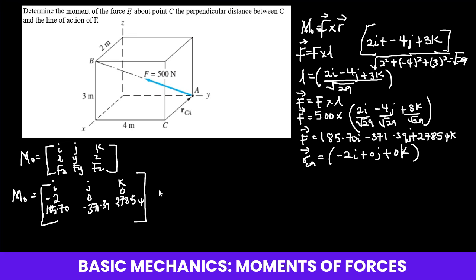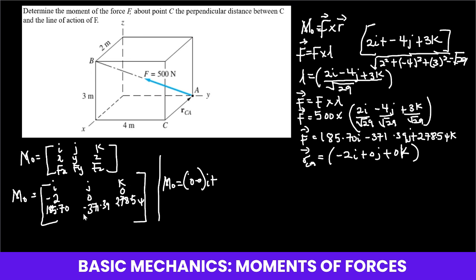Let's start with the first one. Our moment is equal to, so we go for i, this vector output that we are dealing with. This 0 multiplied by this becomes 0. Then minus, this 2 multiplied by this becomes 0. So this 0 minus 0 here is the i component.